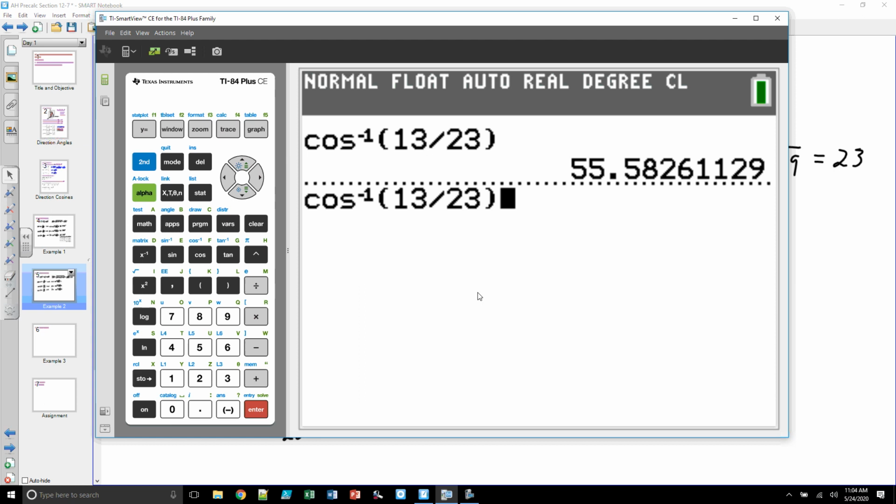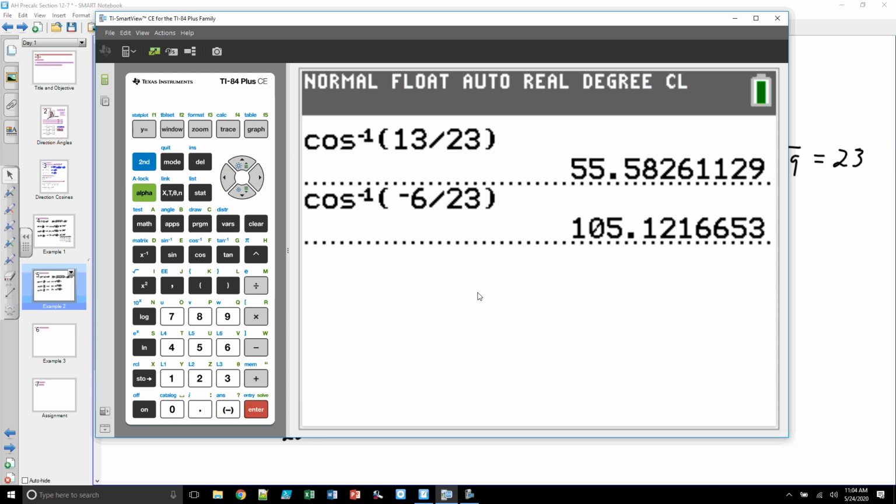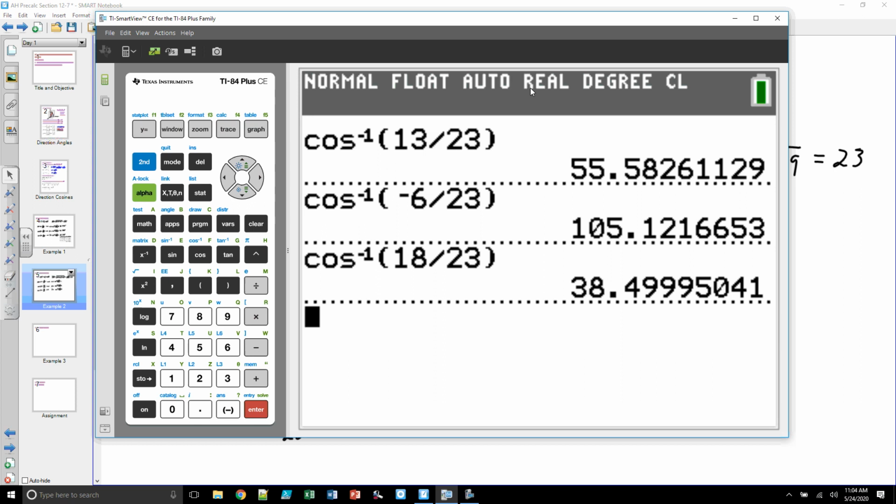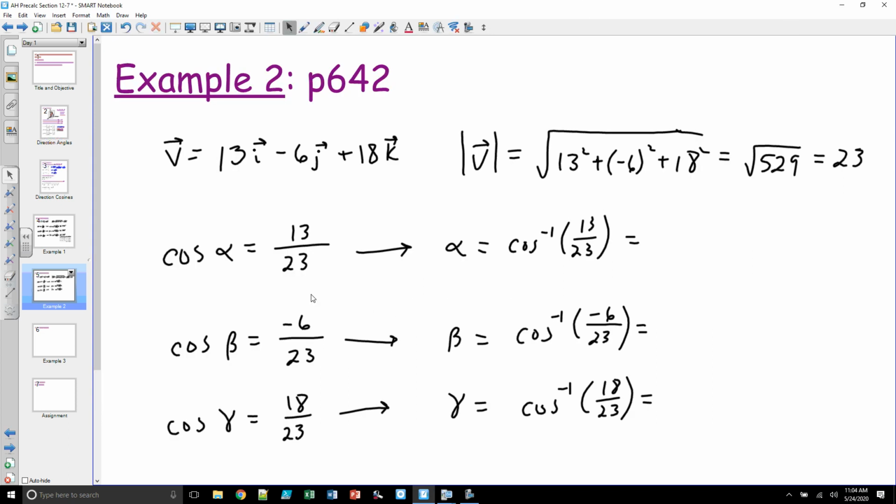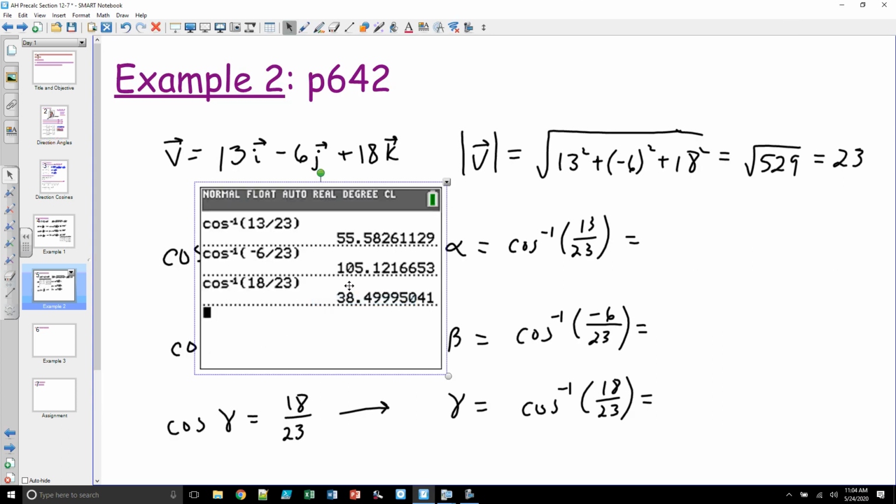And then we'll modify that slightly. For beta, it's going to be negative 6 over 23, we said. And for gamma, it was 18 over that 23. So there's our three direction angles. Again, we grab a picture of that, and we'll paste it in over here.